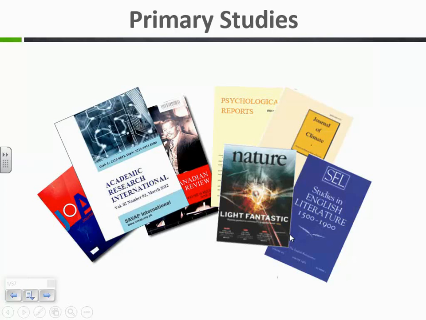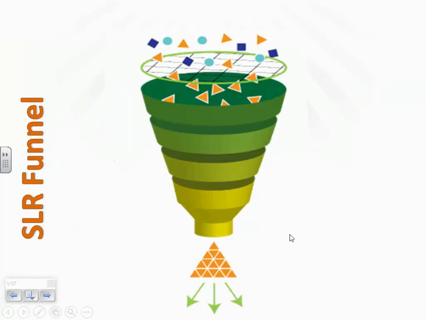When conducting a systematic literature review, statistical methods of meta-analysis may be used, but it's not always the case. You might not want to use them. This one is quite important to look at. I just want to show you that bit at the top where the different patterns are all your primary studies.